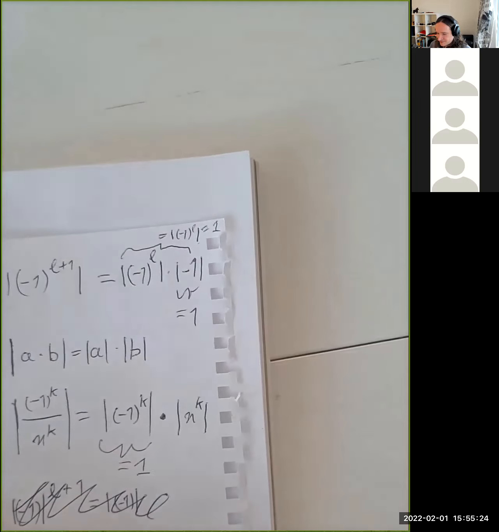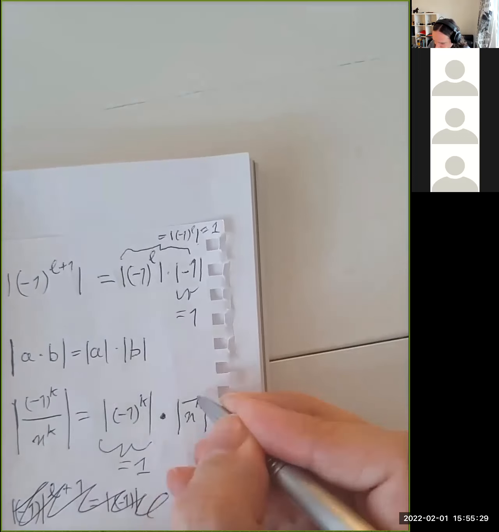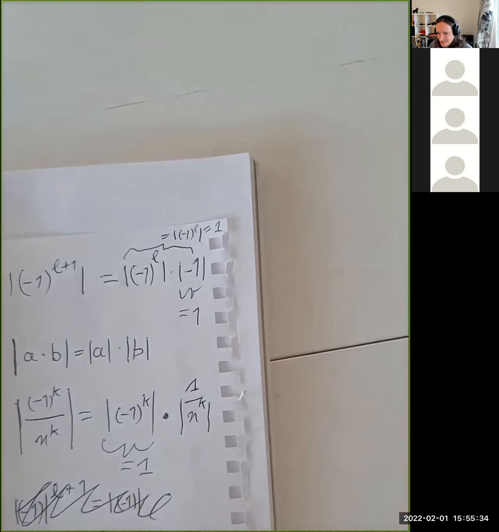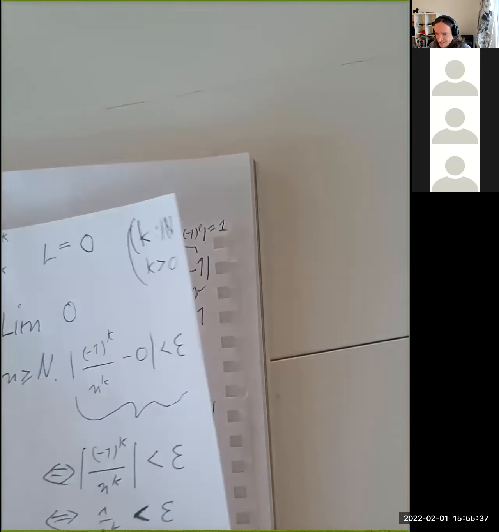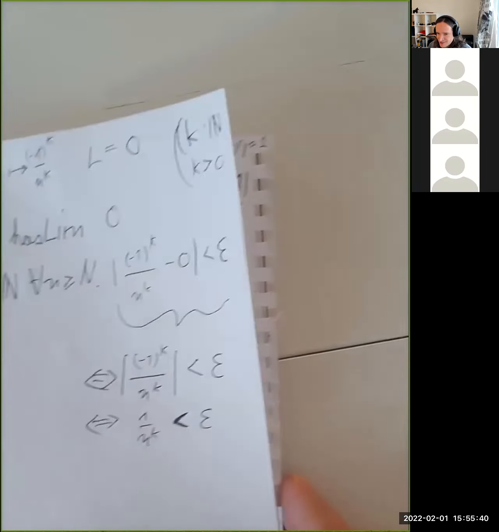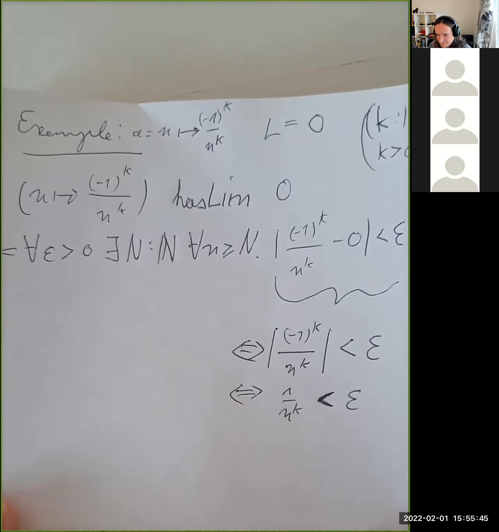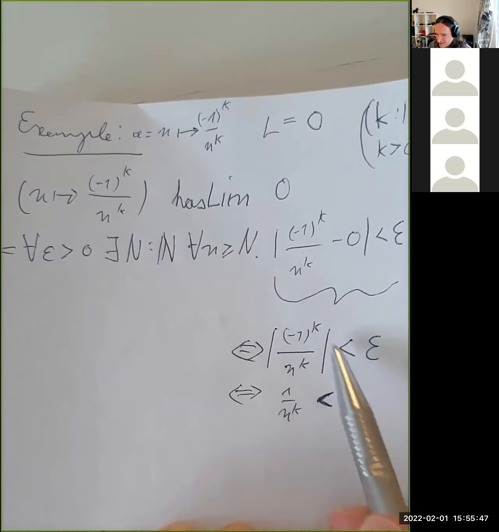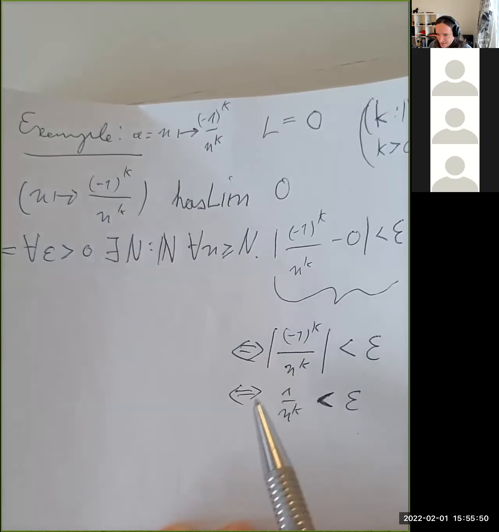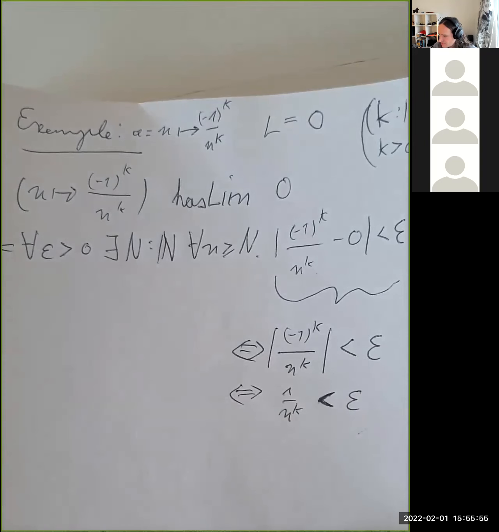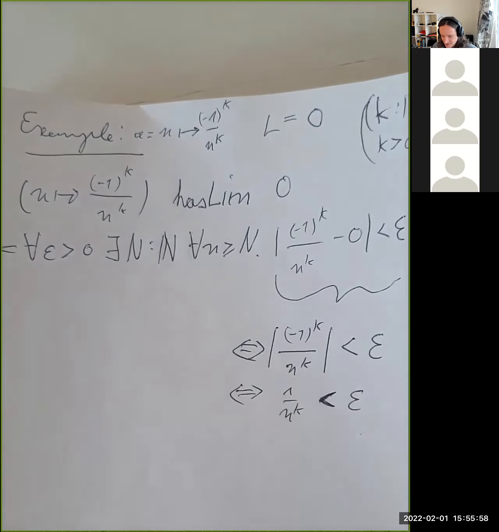Oh, I totally forgot the 1 over here. I'm sorry. So that's one way to spell it out completely, how to go from here to here. Yeah, good.